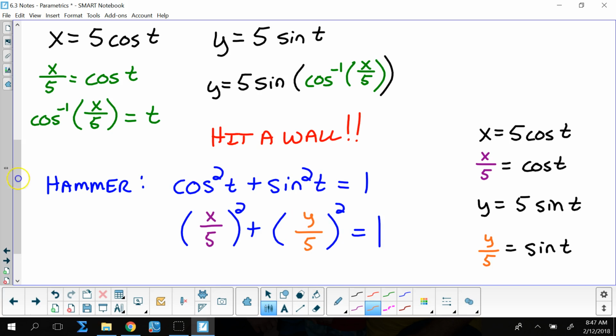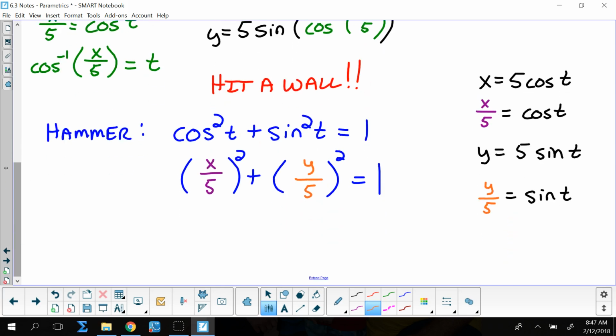Now I can do this algebra, and that would give me x squared over 25 plus y squared over 25 equals 1.